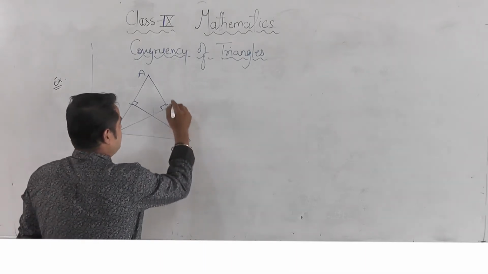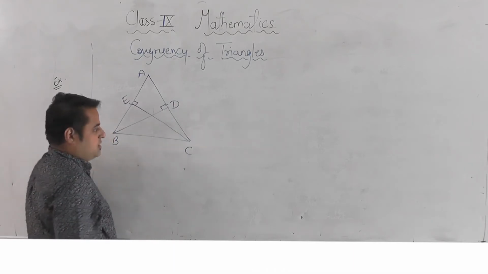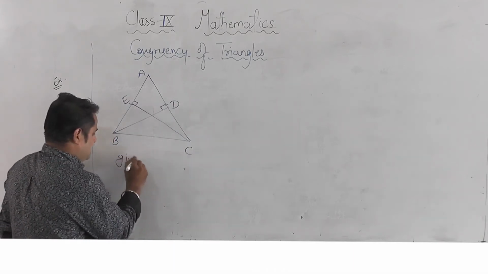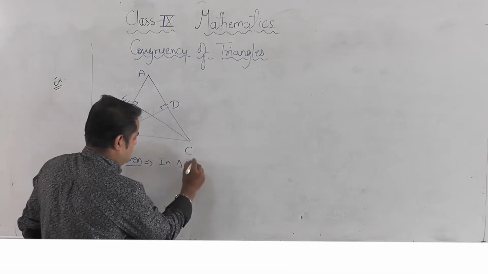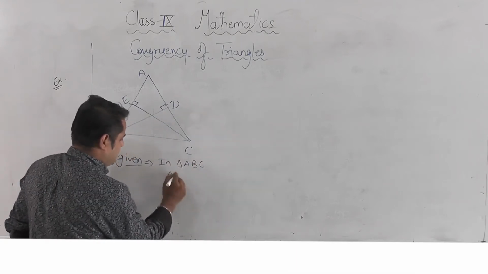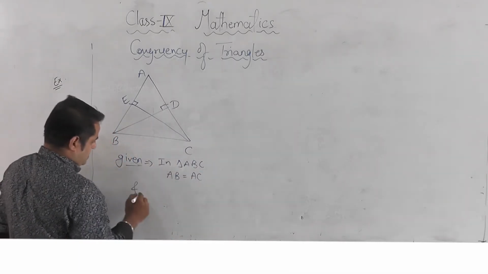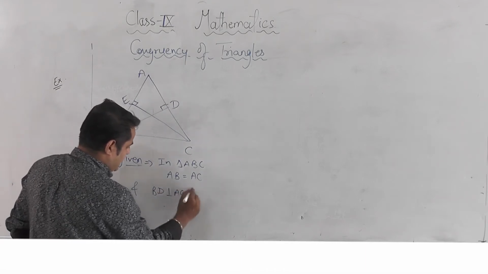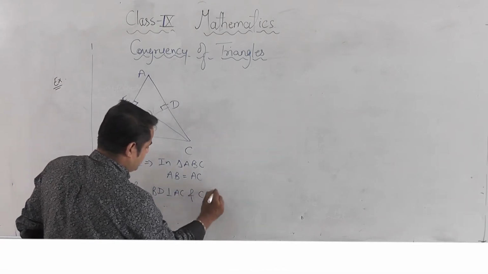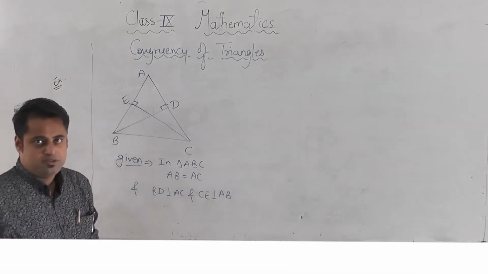These altitudes are named D and E. So what is given to us in triangle ABC? AB and AC are equal, that is given to us, and with them BD is perpendicular to AC and CE is perpendicular to AB. So these things have been given in the question.